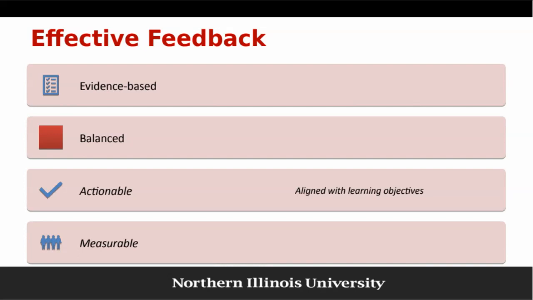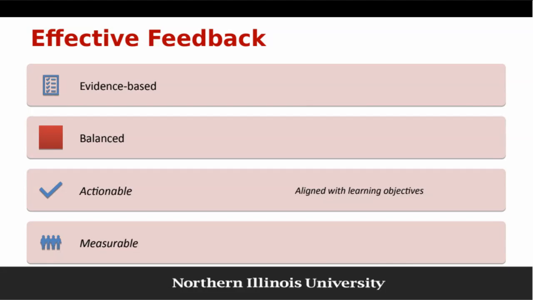Here's what it connects with, and this is why it needs to be revised. And then they can dig further into the content and know how they could have done better, can do better next time.